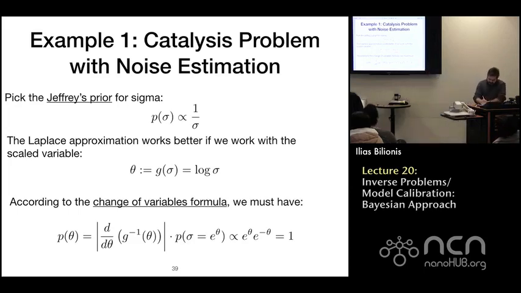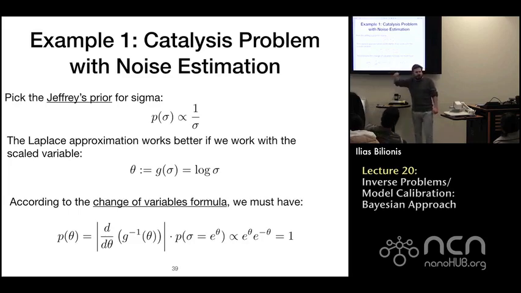Anyway, if this is the probability density you put on sigma, you can ask what probability density I should put on theta. This is something you can answer with probability theory. It's a formula you can find on Wikipedia, called the change of variables formula for probability densities. If you know the probability density of sigma, and you take theta, which is the log of sigma, what is the probability density of theta? This is the formula. And it turns out that the probability density for theta is proportional to 1.